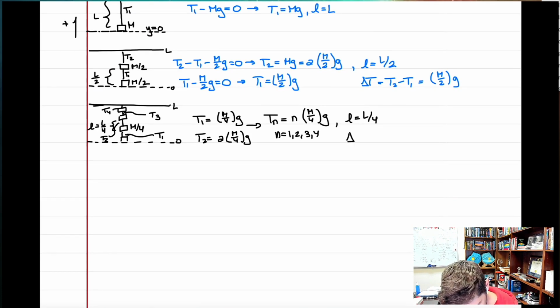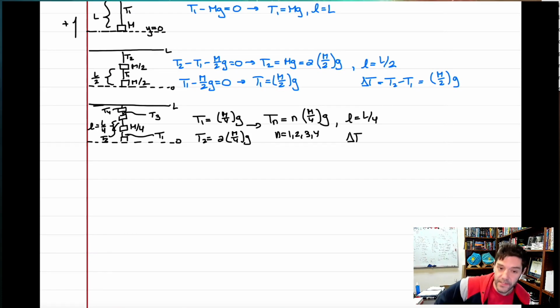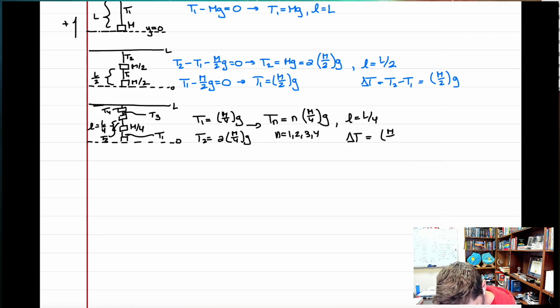And I could ask, how does the tension change as I go from rope to rope? Well, you can look at the difference of 2 successive pieces of string, T2 minus T1, or T4 minus T3, or T3 minus T2. And you'll notice that it is m, in this case, m divided by 4 times g. Every time you bump up a little piece of rope, the tension is increasing as you go up.